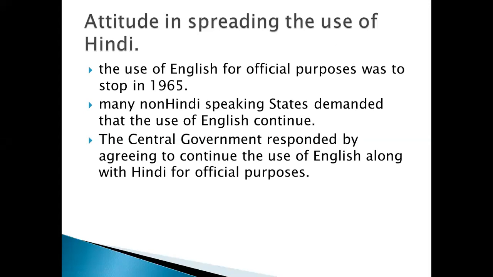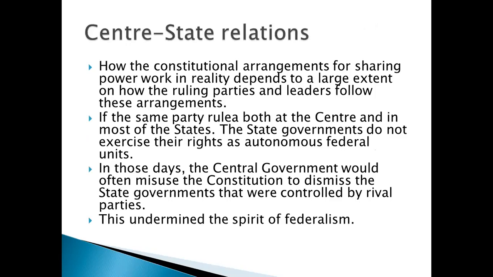So the central government responded positively. They agreed to continue the use of English along with Hindi for official purposes. So now we have Hindi and English both used as official languages for government communications.